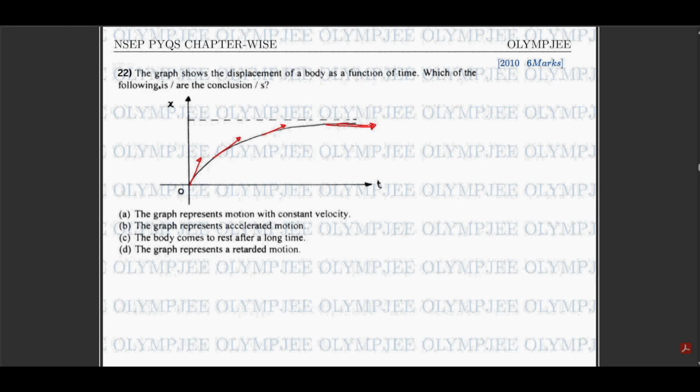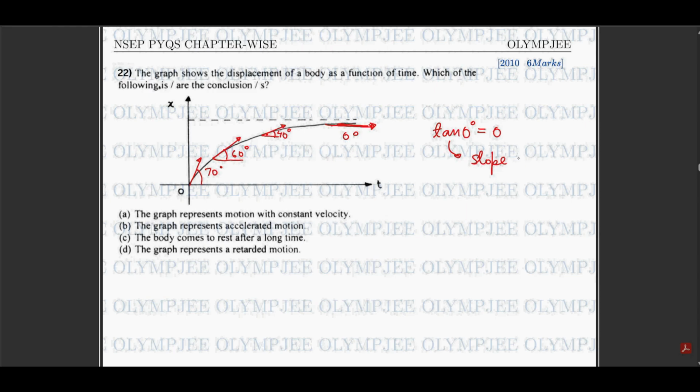Slope is finally becoming parallel to x-axis. So here theta is, let's say, 70 degree. It is becoming 60 degree, then 40, and finally it will become 0 degree.